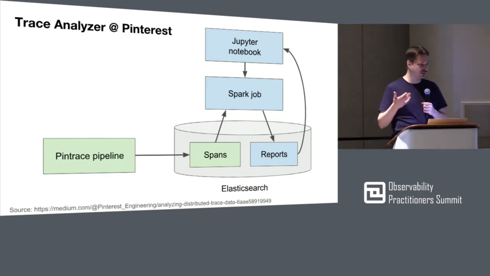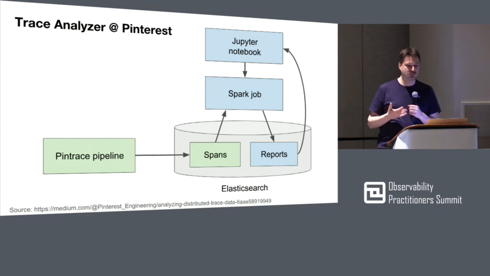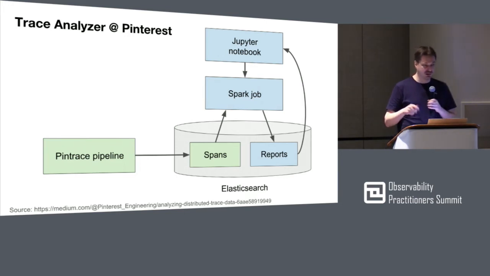So it starts with a UI, Jupyter Notebook in this case, where the developer can specify certain parameters, things like select from this particular range. It's basically some selection criteria for a population of traces, for two populations of traces actually, right? And then those criteria get pushed into a Spark job, which is continuously running against the data, and the job just calculates the summaries and stores them into reports, and you get back to the engineer.